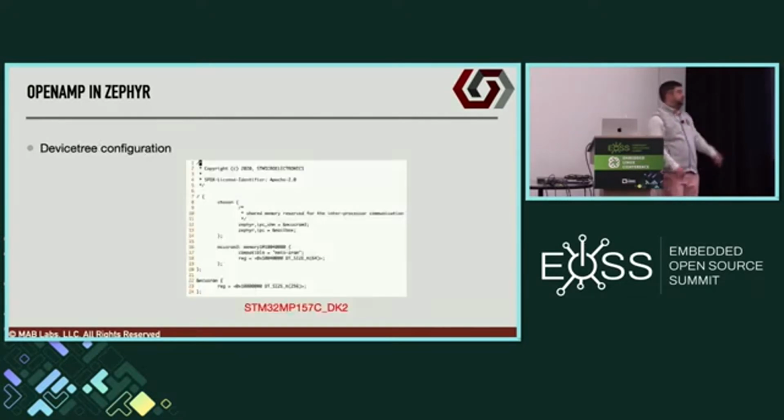And this is an example from that same example that I referenced earlier. This is just the overlay for the board file that they're using, which is an STM32 part. And this is going to be useful later on. We can see that we defined two things. We defined the IPC shared memory, which we referenced to a region of memory defined by the vendor that is shared between the MCU and the MPU.